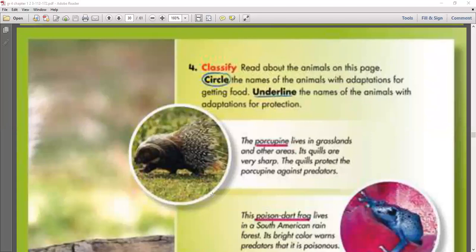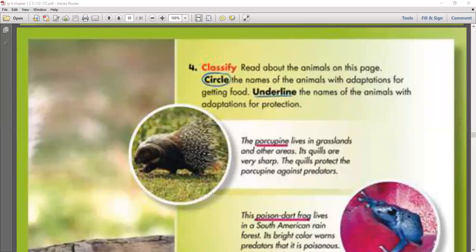Okay. The name of the animal? The porcupine. Yes, the porcupine. It lives in grassland and another area. The quills protect the porcupine.